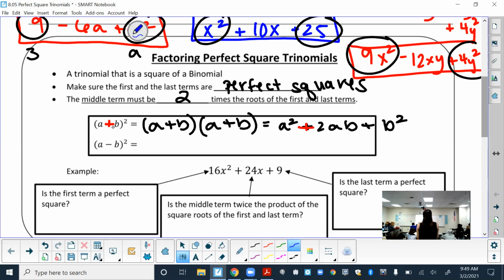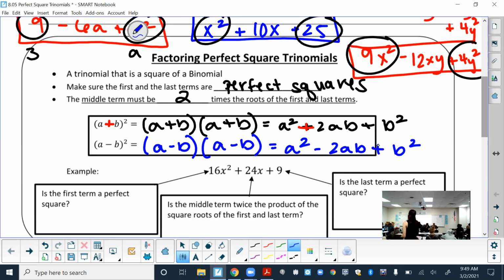All right, when it's minus, so expand it out, looks like this, a minus b times a minus b. We get a squared minus 2ab plus b squared. So the only difference between the 2 equations is the symbol on the middle term.